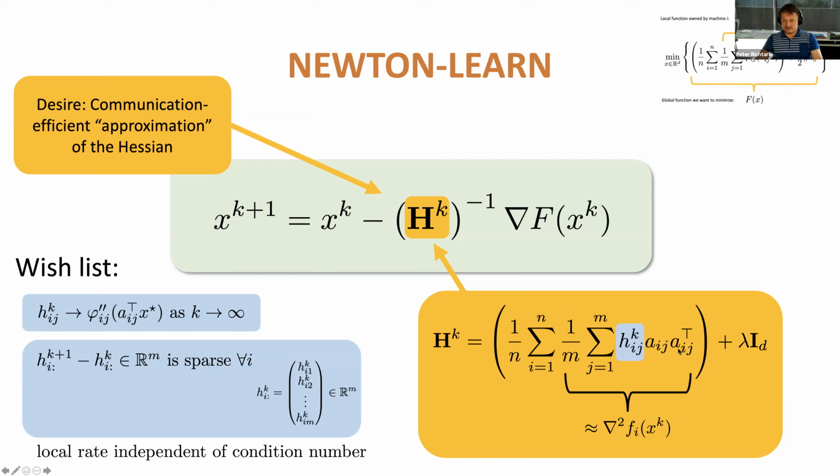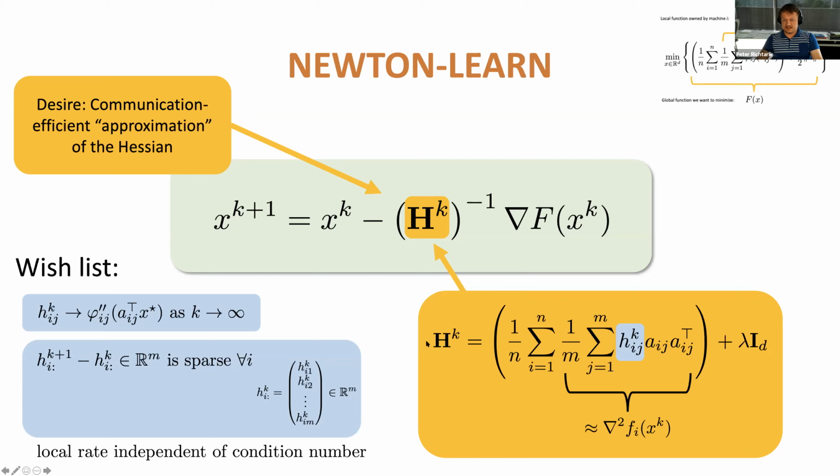So essentially there's a rank 1 update to this part for each worker. Each worker sends a rank 1 update to the master, and the rank 1 update is sent by one float and one vector. Then the master can compute one of these and add it to its own H^k. And this is done for every single i.